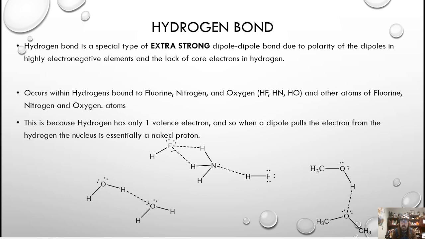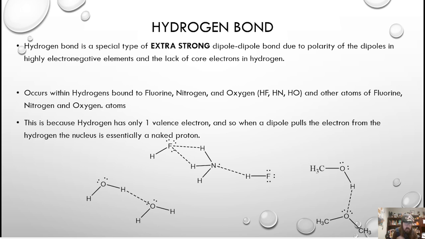Well, hydrogen only has that 1 electron shielding the nucleus of 1 proton. So any sort of dipole interaction that extracts that electron leaves essentially a naked proton behind.